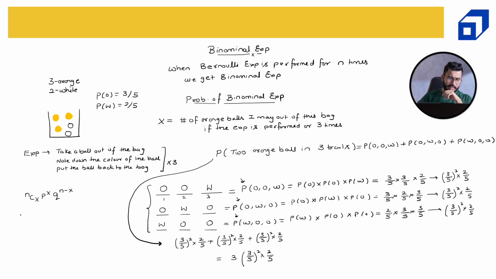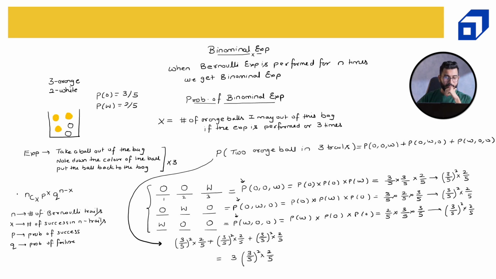What is n? n is the number of Bernoulli trials. x is the number of successes in n trials. p is the probability of success, and q is the probability of failure.